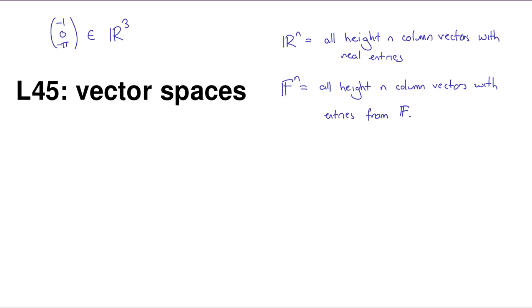We also had some notation for sets of matrices, and what we did before was to write capital M subscript m times n of R to mean the set of all m by n matrices with real number entries.